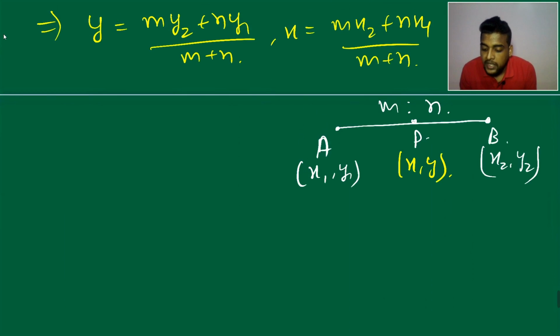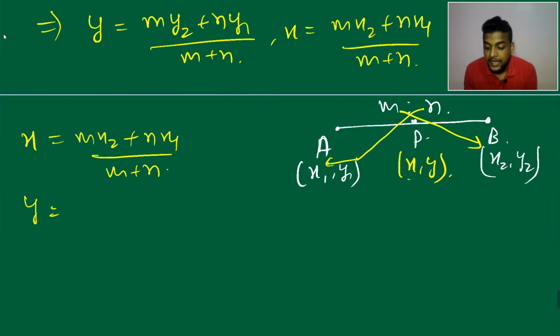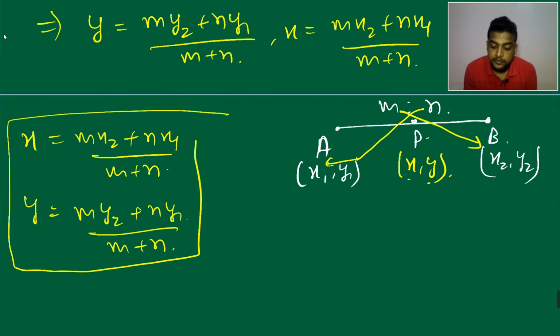So how can we write x comma y? x is nothing but, cross multiply, m into x2 plus n into x1, upon m plus n, and y is nothing but, again cross multiply, m into y2 plus n into y1, upon m plus n.